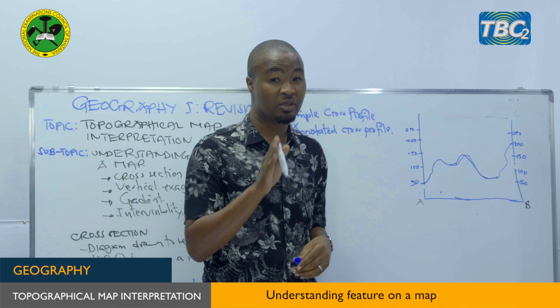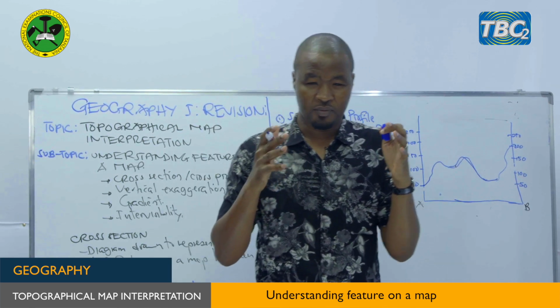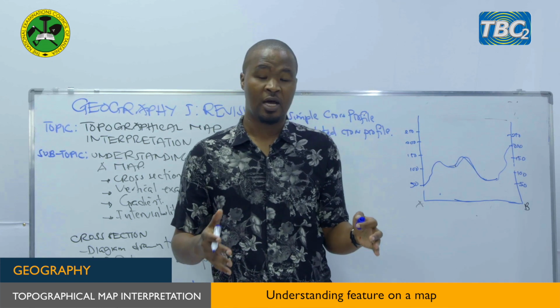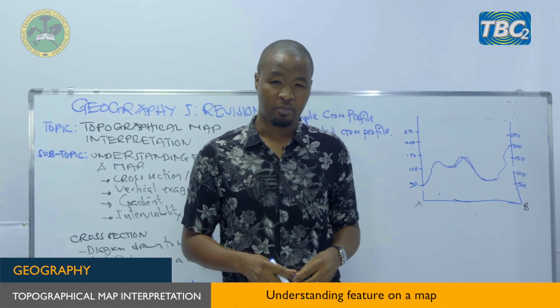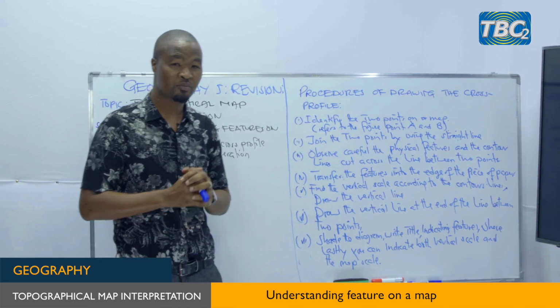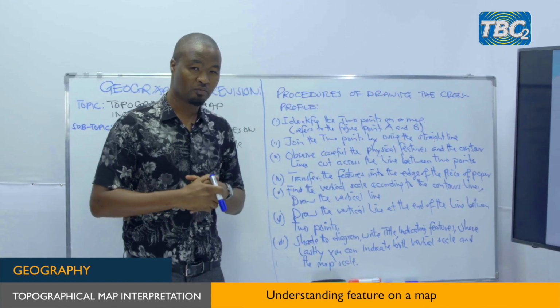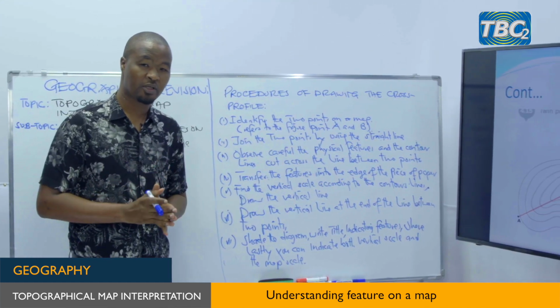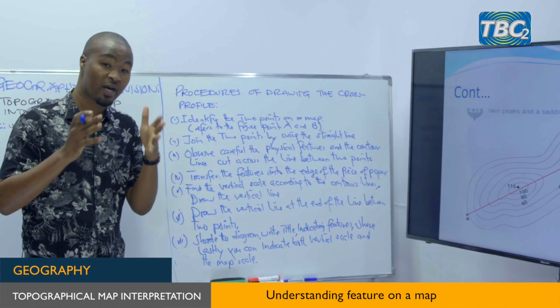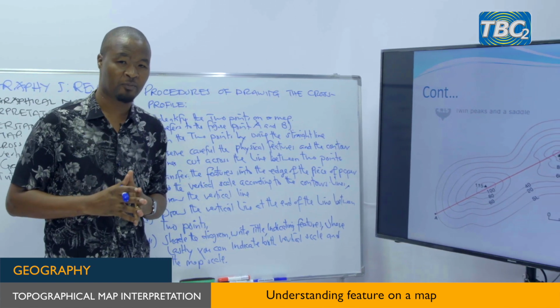So right now we are going to see the procedure on how to draw the cross profile or the relief features between the 2 points on a map. Right now we are going to see the procedure for drawing the cross profile or the cross section. So let's assume we have been given 2 points. Right now we are asked to draw the cross profile or the cross section between the 2 points on a map.